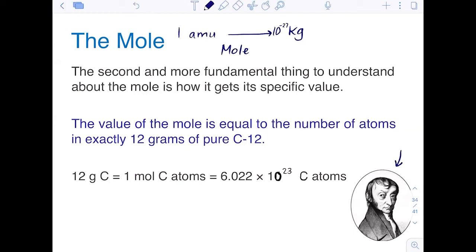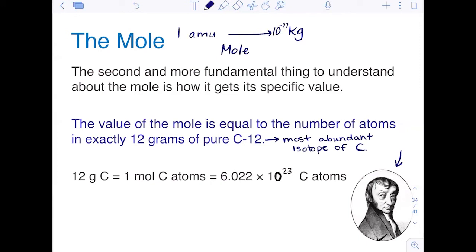It was often used already in combustion reactions, and so a lot of people were already working with carbon. And carbon-12 is the most abundant isotope of carbon, and there was just a lot of it around.